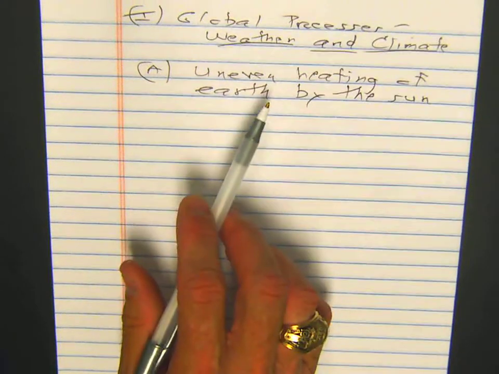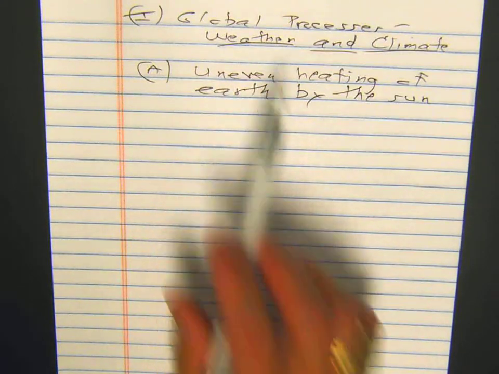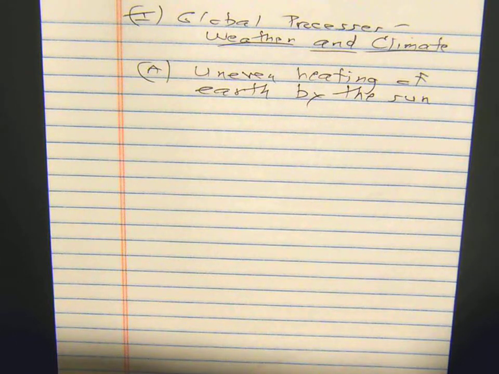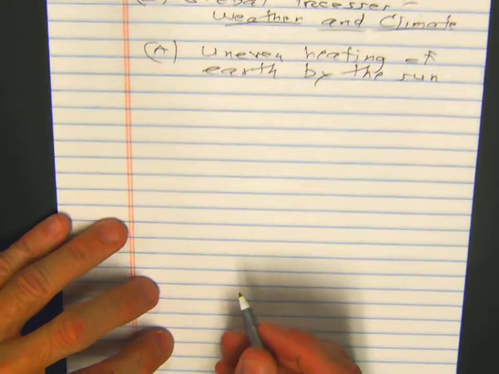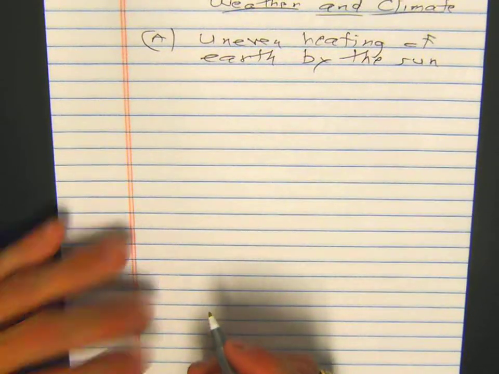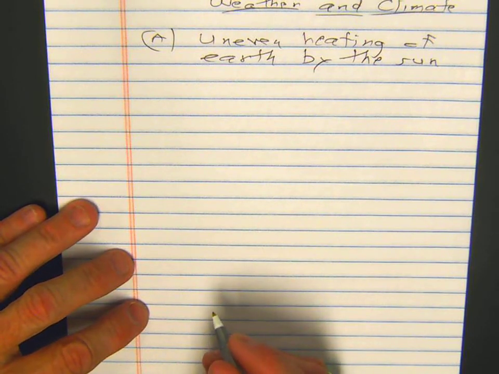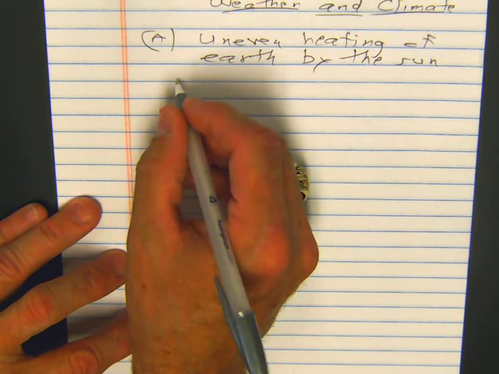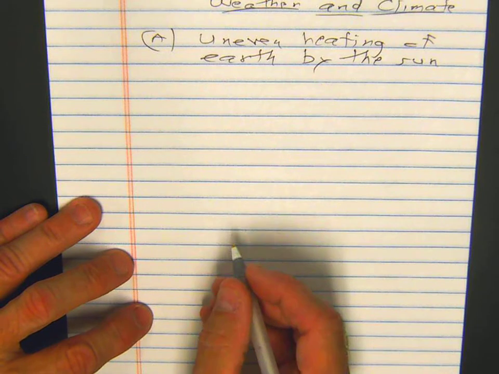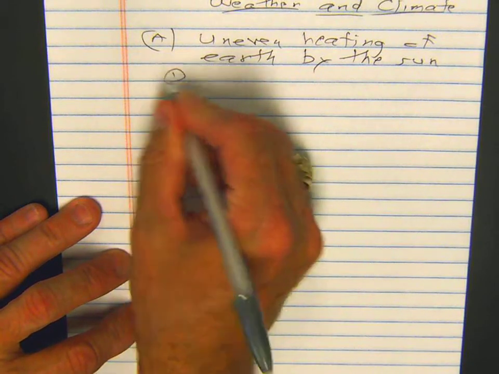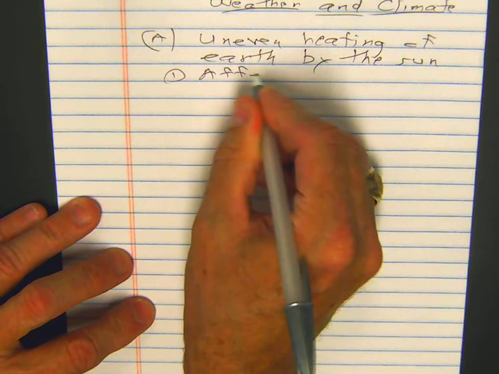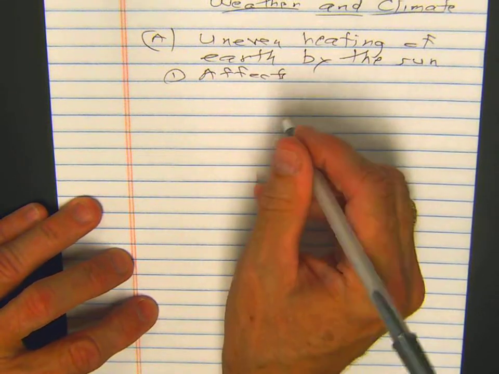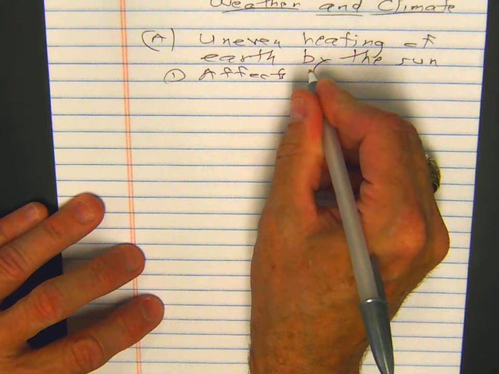All right, in this video, I'd like to discuss the uneven heating of the Earth by the sun, and really the impact that has on weather and climates. There are three key factors, but basically, this uneven heating of the Earth affects heat and precipitation distribution.